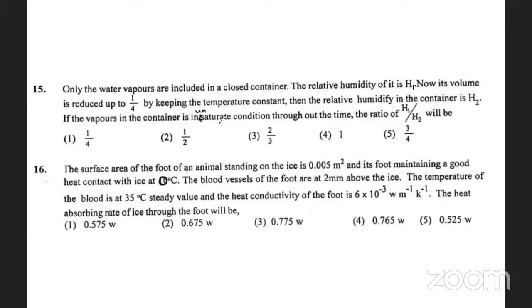If the vapor in the container is in an unsaturated condition throughout, find the ratio H1 to H2. So they have not got saturated. Oh yeah, it's a simple question. What answers did you get? Share your answers. Earlier the volume was V. Now the volume is V by 4. No, the volume is reduced to 1/4.